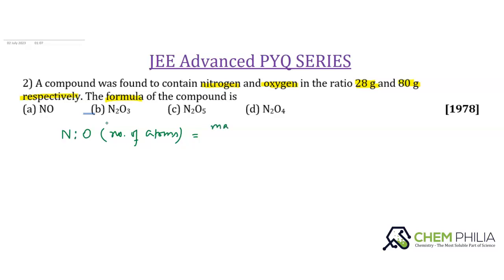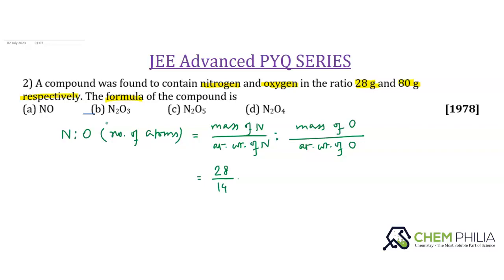It's mass of nitrogen divided by atomic weight of nitrogen is to mass of oxygen divided by atomic weight of oxygen. It's so easy. So mass of nitrogen according to the question is 28 and its atomic weight is 14, is to mass of oxygen according to the question is 80 and atomic weight of oxygen is 16. So it's 2 is to 5.